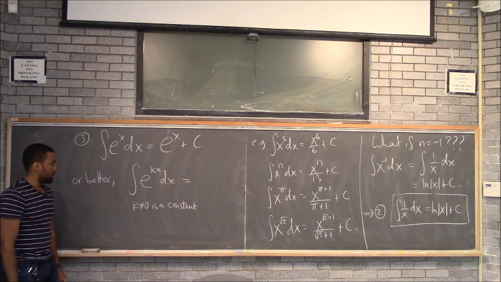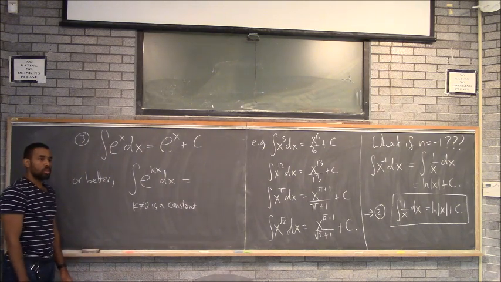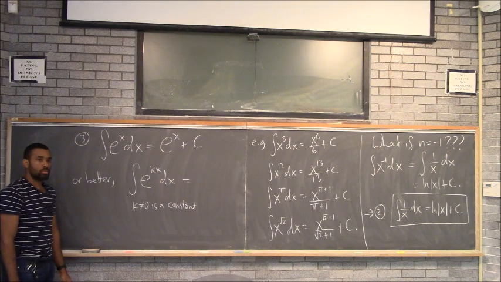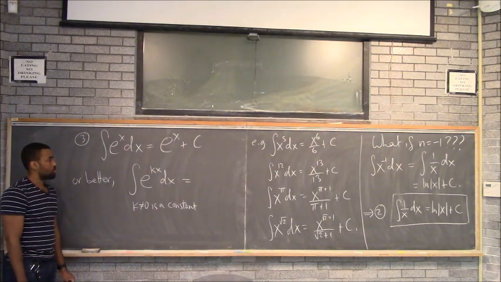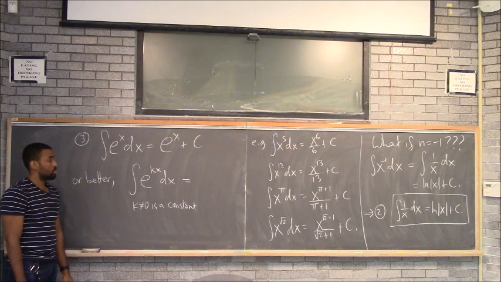What do you think that's going to be? Like e to the 3x, for example. What would the antiderivative be? Yeah, exactly. e to the kx over k.